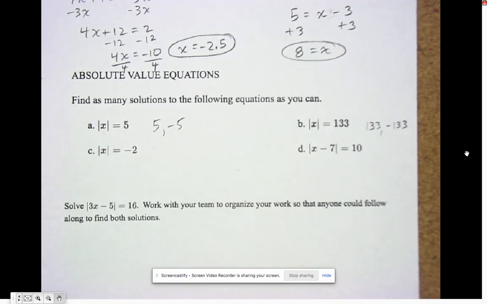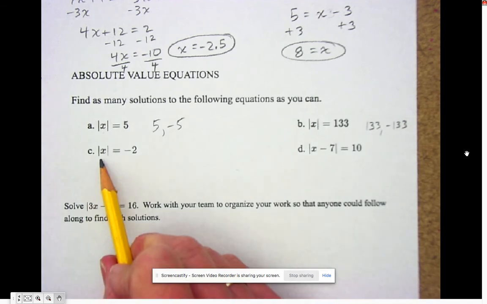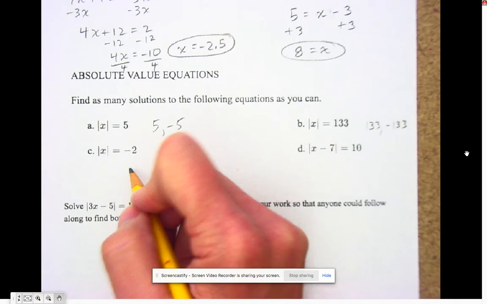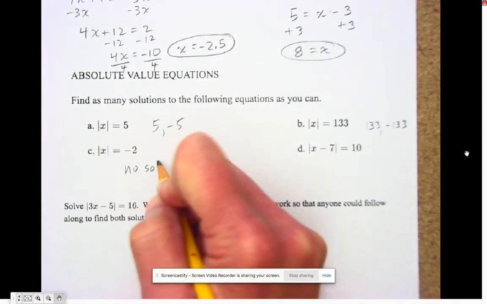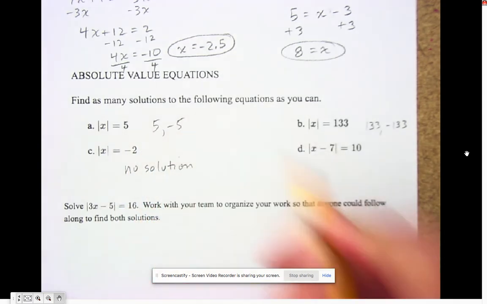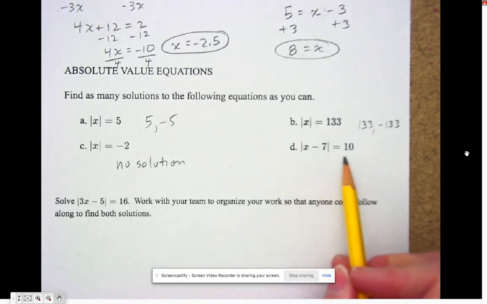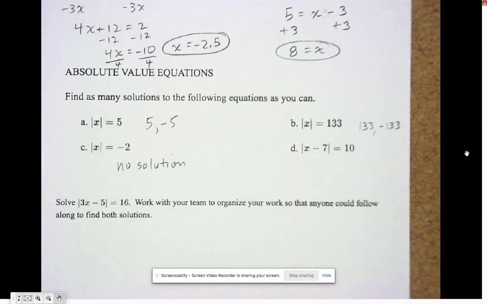Okay, how about for this one? What number has a distance from 0 of negative 2? There's no number, so there's no solution. Okay, and then how about this number? What number has a distance from 0 that's 10, and what would x have to be?